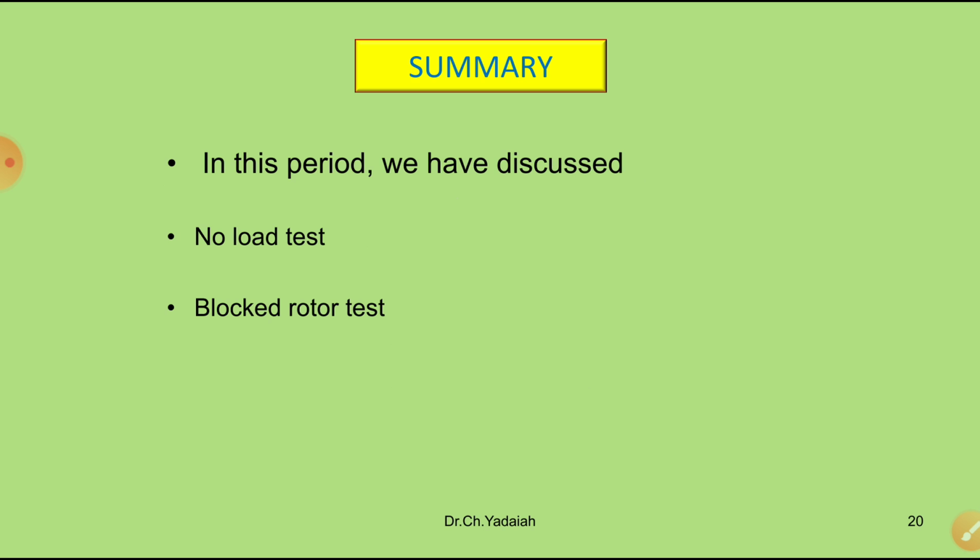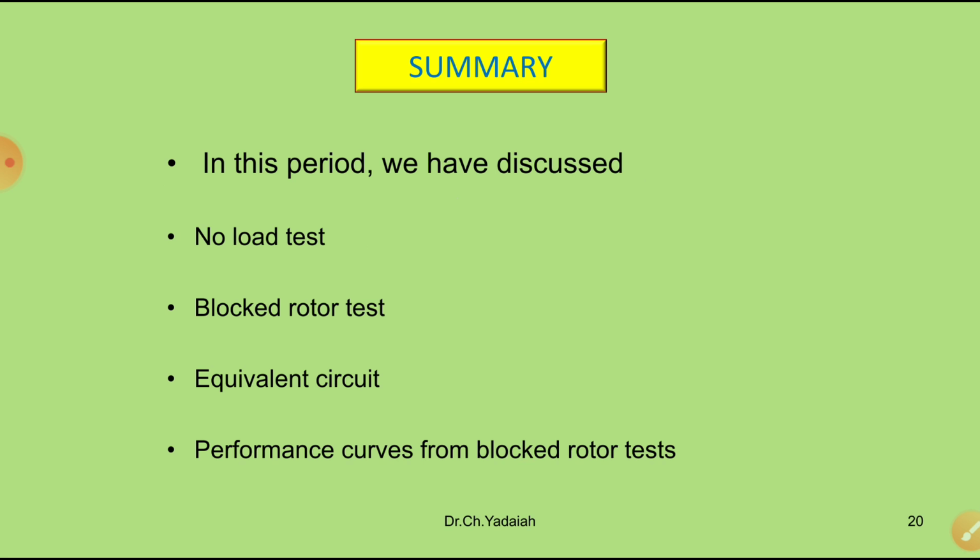At the same time, in the blocked rotor test, how to do the experiment, what values to take, how to find the equivalent circuit parameters, and we have also calculated the performance curves. At the same time, the rotor resistance we find using the VI method.